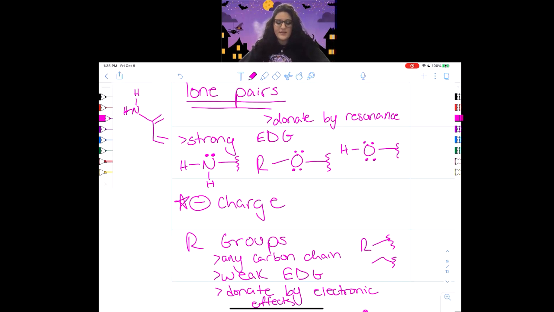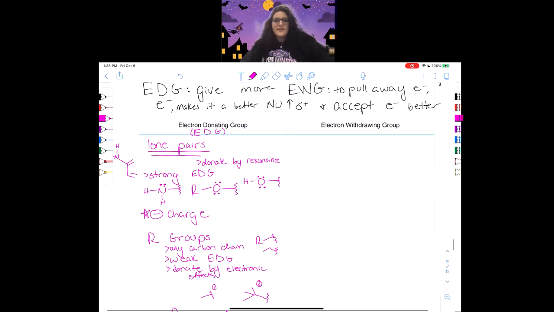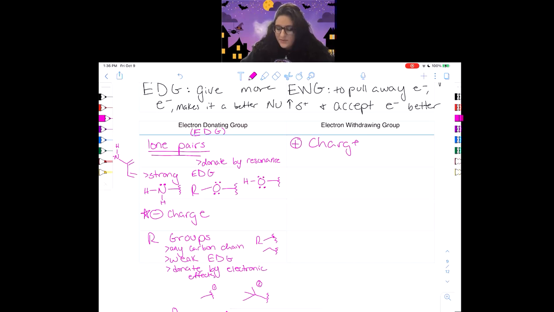So if you ever see a negative charge, that's probably an electron donating group. On the flip side, we have electron withdrawing groups, and if electron donating was negative, we know that this is going to be positively charged. So anything that's positively charged is going to withdraw electrons.